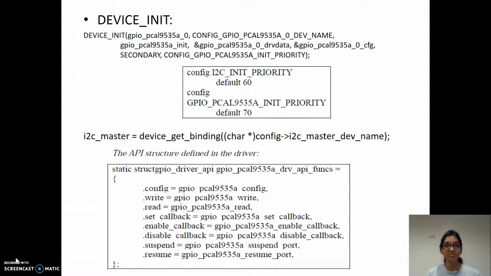This device has to be bound to the I2C master and hence uses the device get binding function. This function is used to retrieve the device structure of the low-level I2C device.